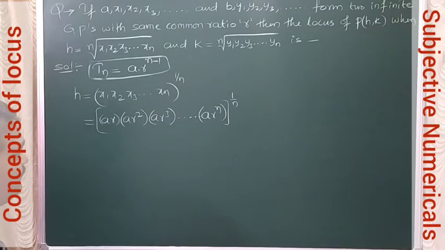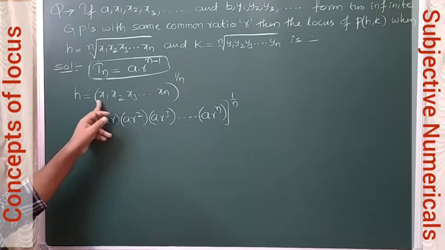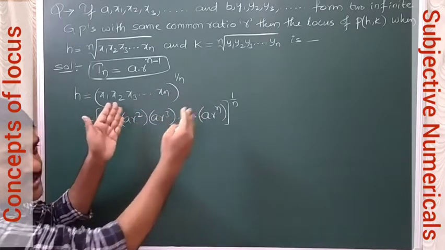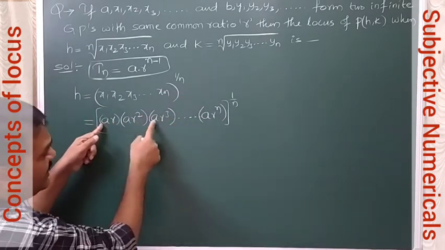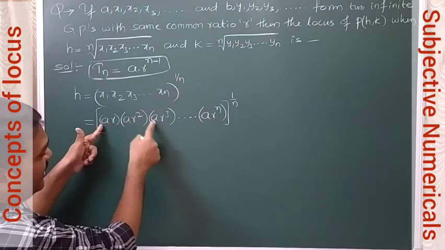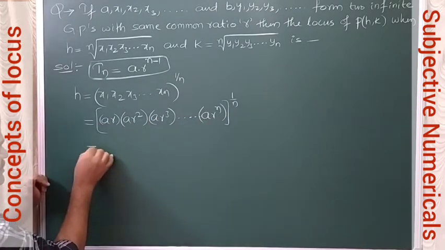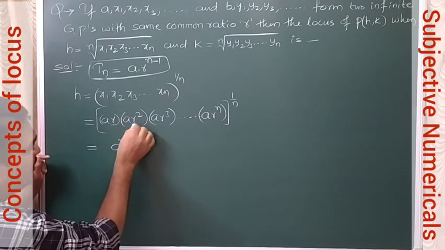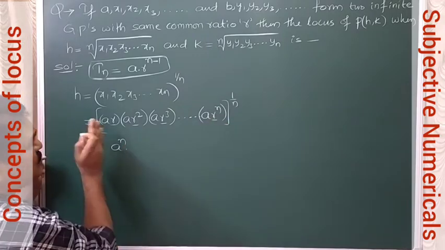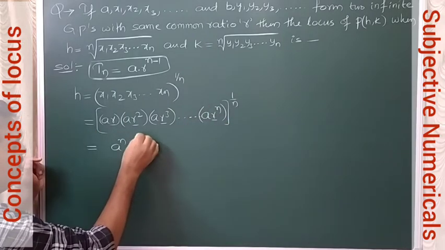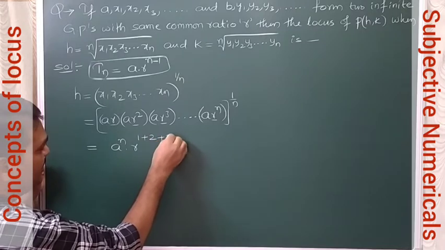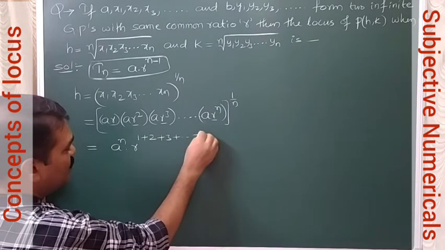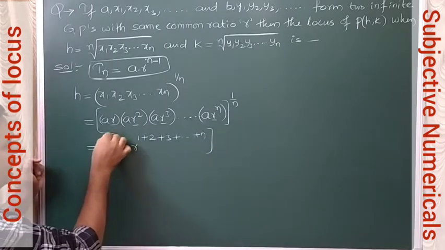Now clearly x1, x2, x3 up to xn are actually the product of n terms. In every term you have a, so a is multiplied n times, so a power n will come. For r, you can see the bases are the same, so you can add the powers: r power 1 plus 2 plus 3 and so on up to n, whole power 1 by n.